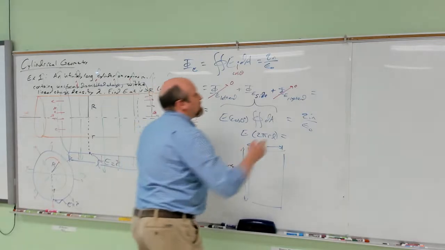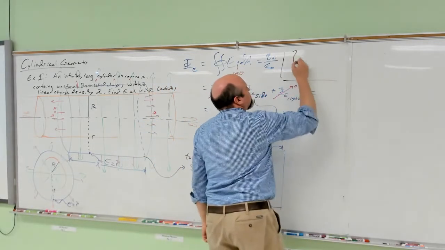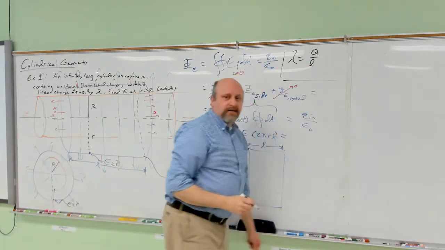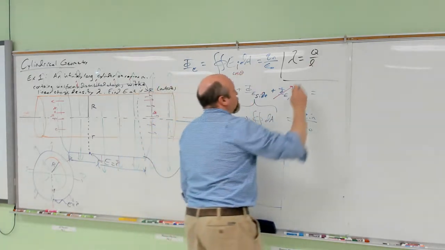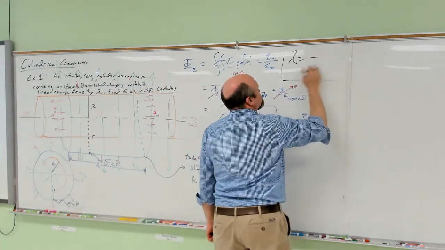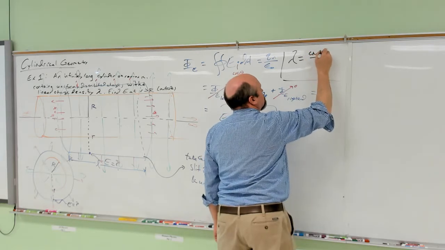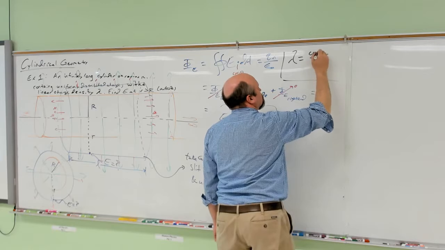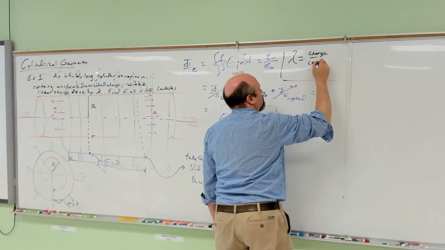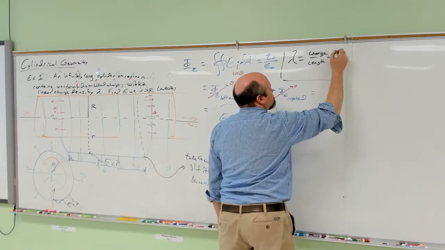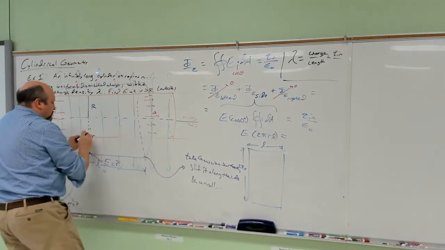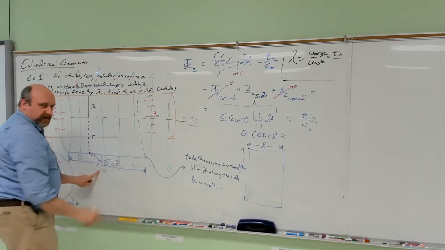Lambda is my charge per length. So in this case, it'll be the Q inside the bubble over the length of the bubble for the Gaussian surface.